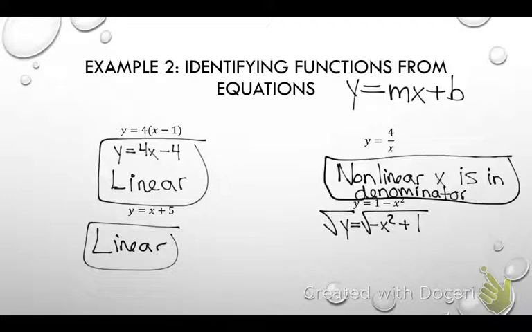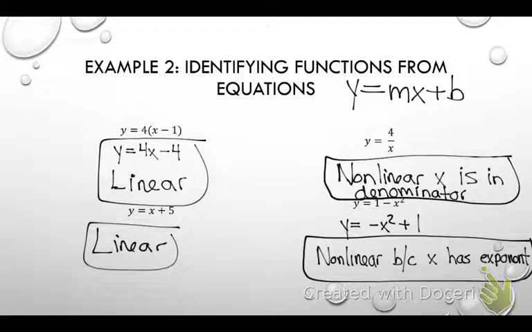Basically, what we're saying is we can't get this equation into y equals mx plus b because of the square root. So anytime you see an exponent connected to x, or a square root, it's nonlinear. It cannot be written y equals mx plus b. It's impossible. So that exponent connected to x is automatically nonlinear.